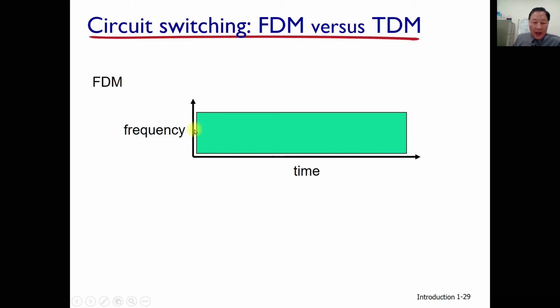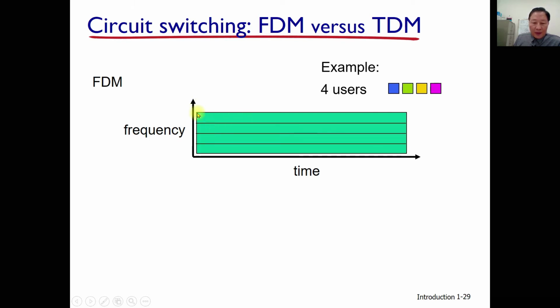This one is dividing the frequency spectrum like this, different frequency spectrum, different frequency range. Like our real example of FM radio stations or TV, they are occupying some frequency range that is preoccupied already, reserved.